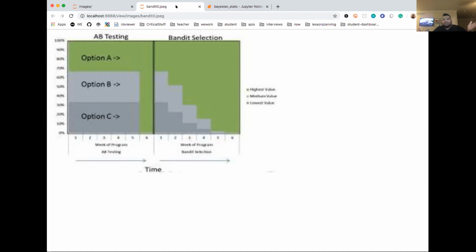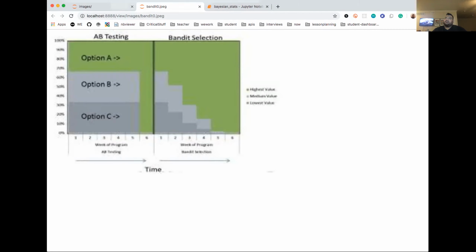You want to optimize your engagement as fast as possible. Versus A/B testing, where it's against the paradigm to do that. In A/B testing, you have to test it for so many iterations or for so long of a period of time. There is no other way to do it.